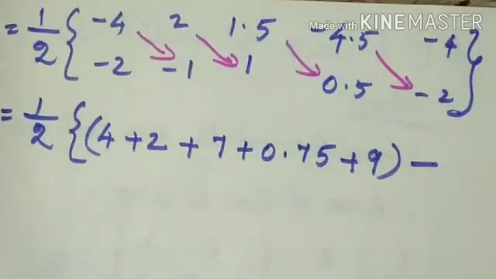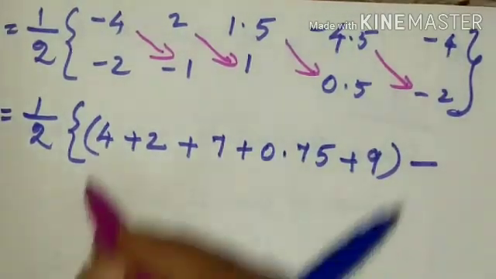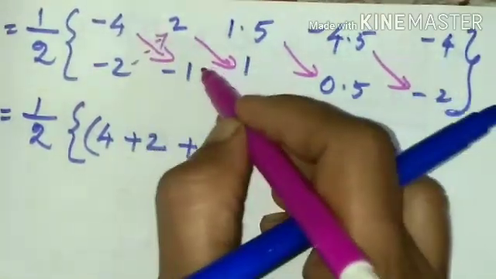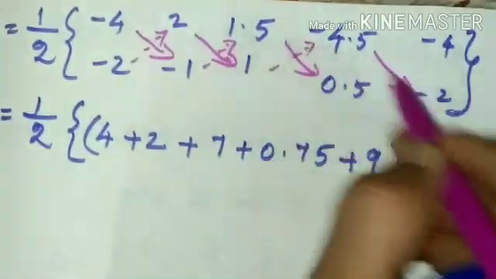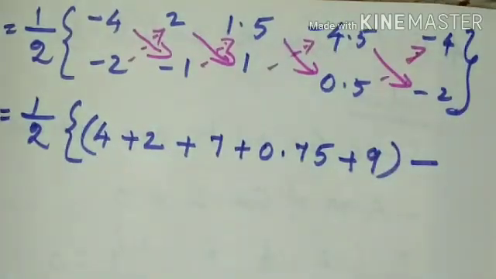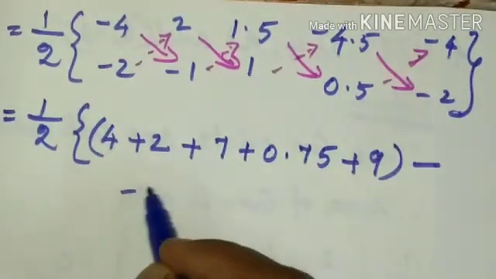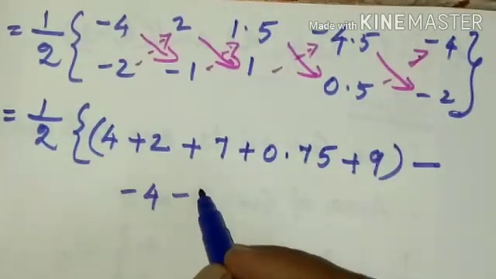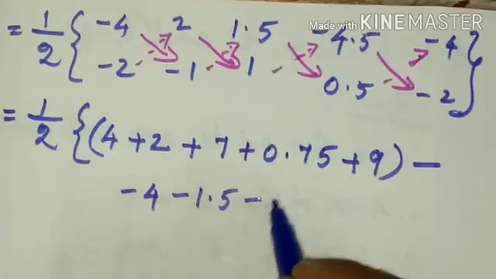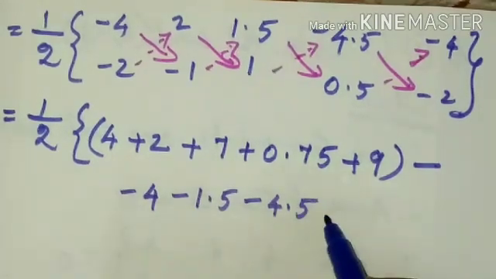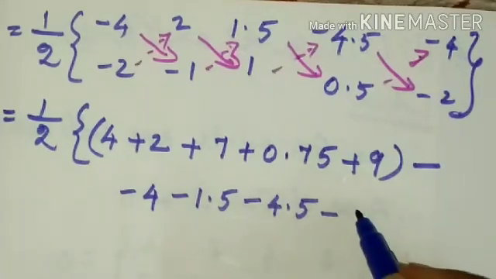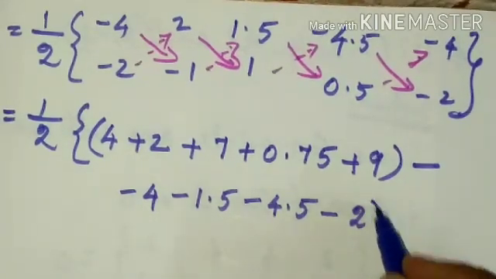Then minus of, now we have to multiply from bottom to top. Then we get minus 4 minus 1.5 minus 4.5 minus 2.0, that is 2.